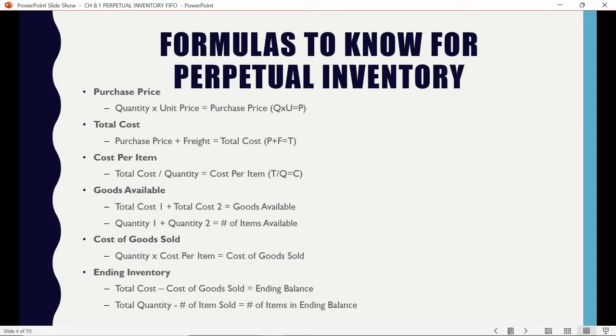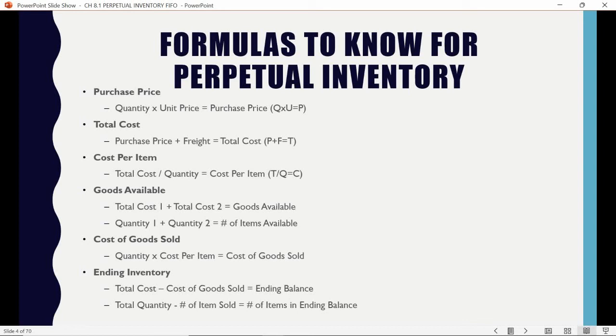So in this case, we are going to be looking at a different table, and I'll show you what that table would look like after the lesson, but it's definitely going to be broken into three different sections. One section is for the cost of goods sold, so that's why the formula for the cost of goods sold is also going to be different. It's still going to be quantity times cost per item to get your total cost of goods sold.